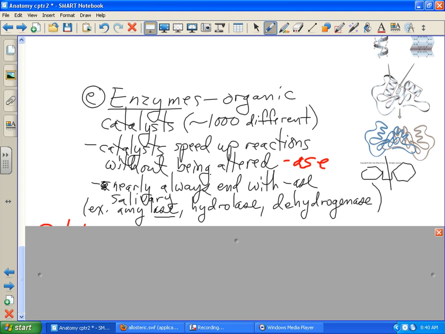Amylase's job is to take big chains of polysaccharides and start chopping them into smaller pieces. How many times are we supposed to chew our food before we swallow it? 20 to 30 times. How many of us do that? I don't. Not me.